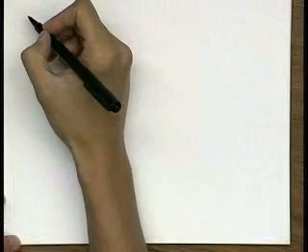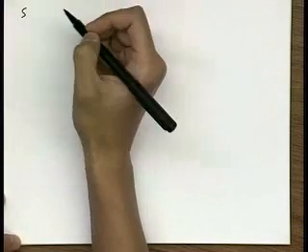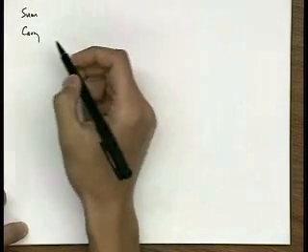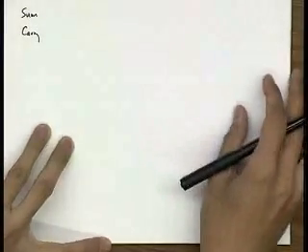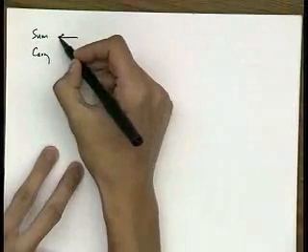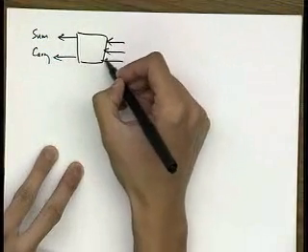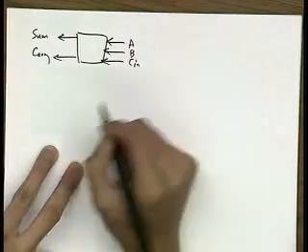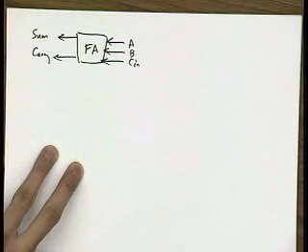When you have an adder, you have two functions: the sum and the carry. And you have three inputs: A, B, and C in. So this is your full adder.